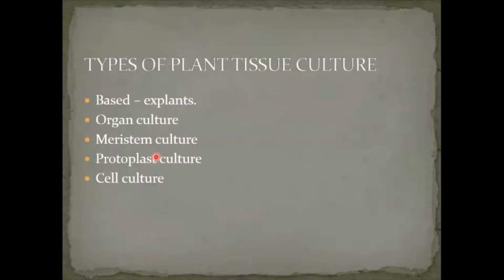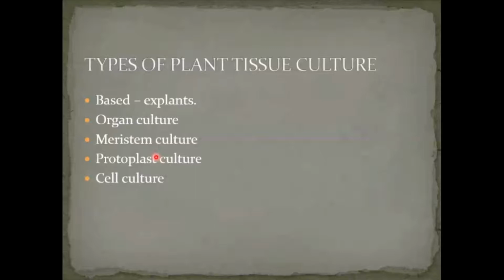And the next one is cell culture. Individual cells are cultured for many reasons. Mostly individual cells are cultured in large numbers for the production of secondary metabolites. We are familiar with what secondary metabolites are. Primary metabolites are essential for the organism's growth, involved in the biosynthesis or biological activity of a particular organism.